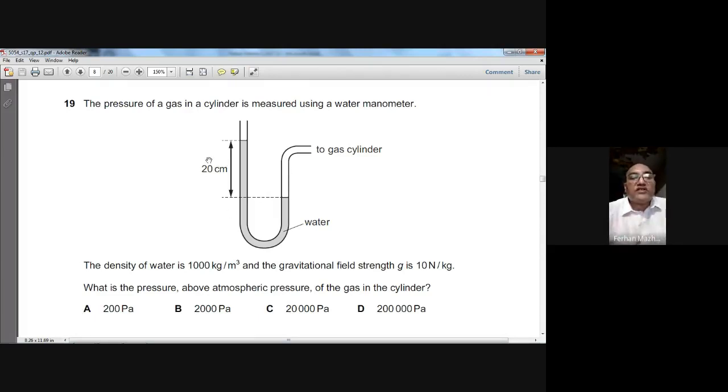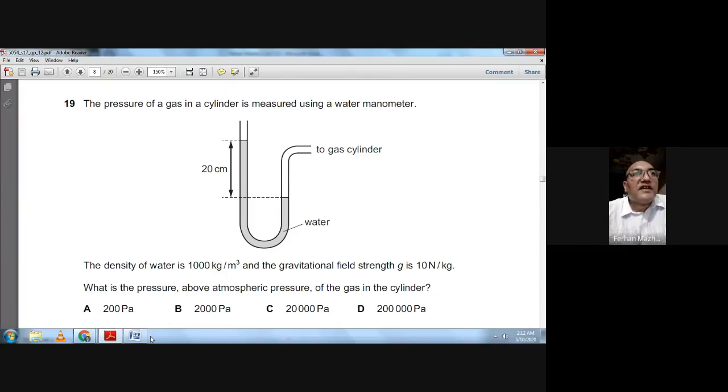I will convert it into pressure, and the formula for the pressure of a liquid is rho g h. Rho means the density of the water, which is given as 1000 kg per meter cube, g is 10 newton per kg, and h is 20 centimeter, but I have to convert this into meters. So 20 divided by 100 gives 0.20 meter. Then we do the calculation.